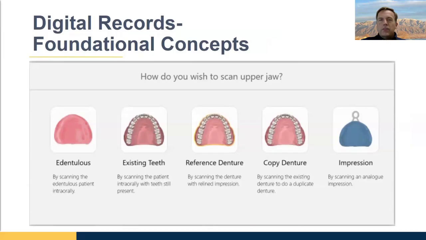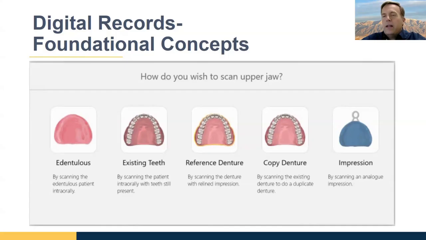I had talked about this before, but I want to say it again. We don't have a fully digital denture workflow at this time, and we may not ever have one. Even if your iOS scanner is awesome at capturing tissue, as one of our participants mentioned, when you put that big old wand in there, it tends to raise the floor of the vestibule, which essentially messes up our impression.